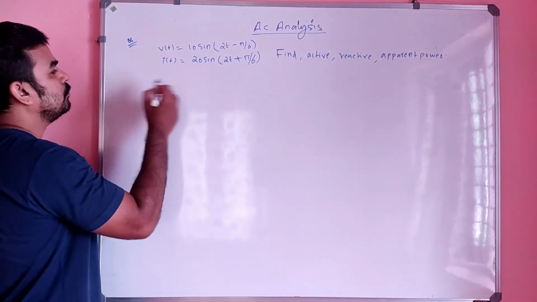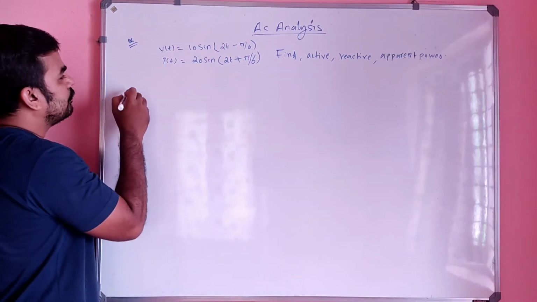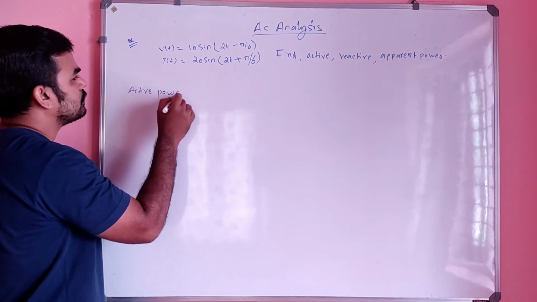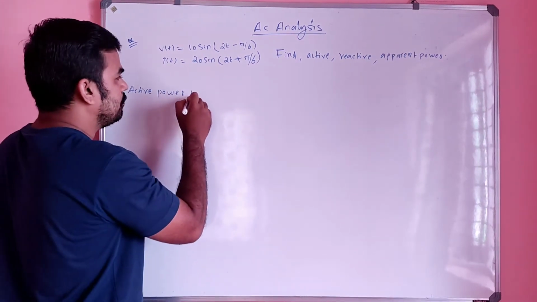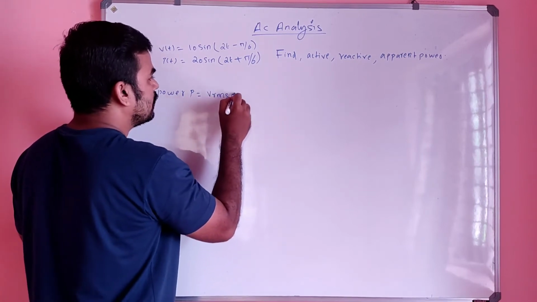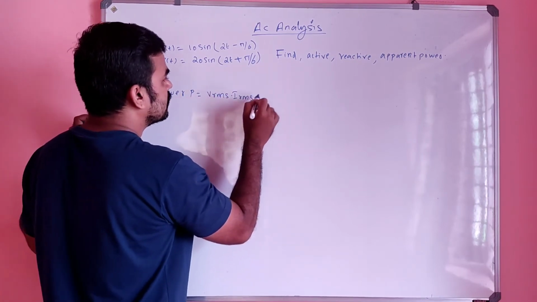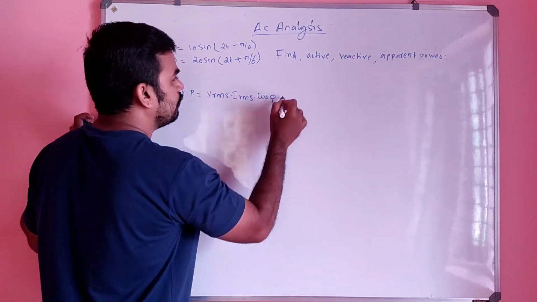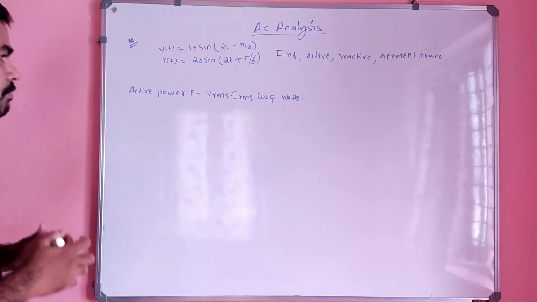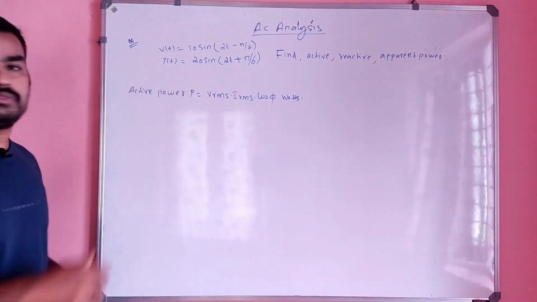Okay, let's move to the problem. We have an equation to find active power. Let's write that first. Active power is P, which is Vrms into Irms cos phi, in watts.